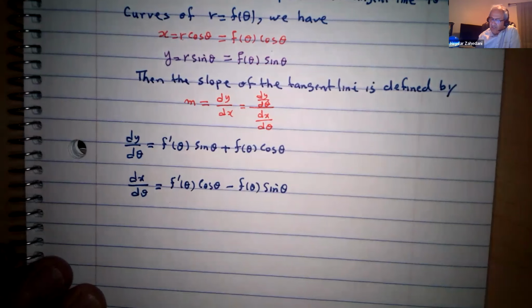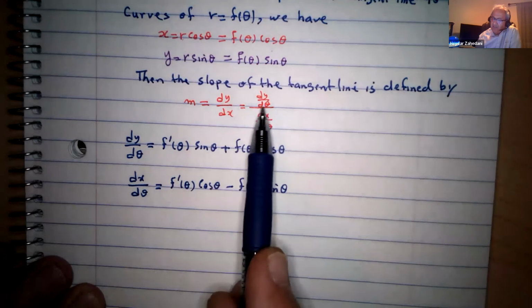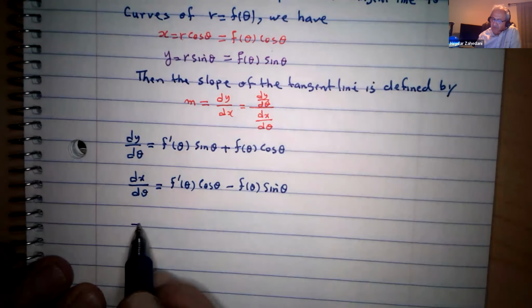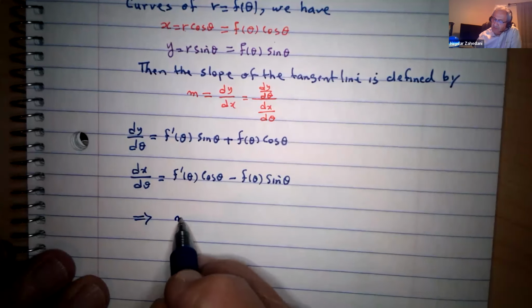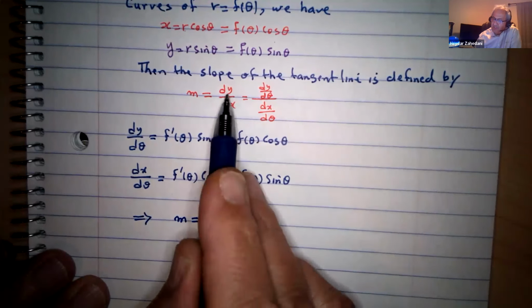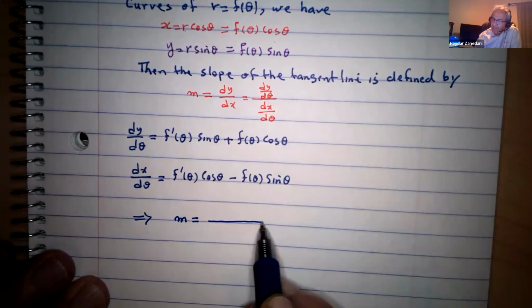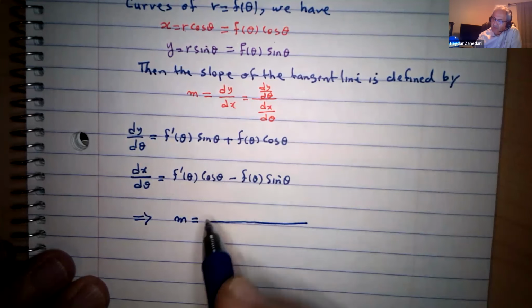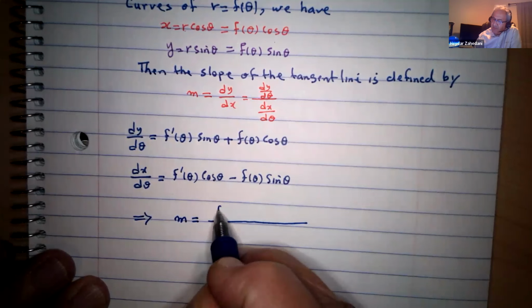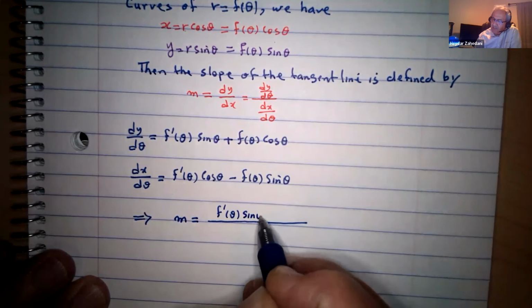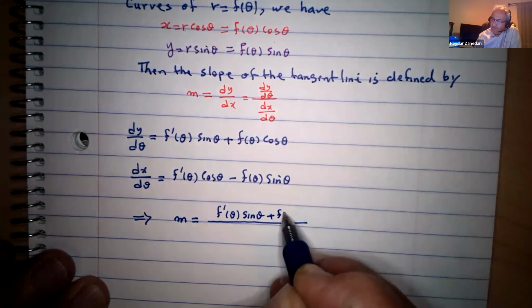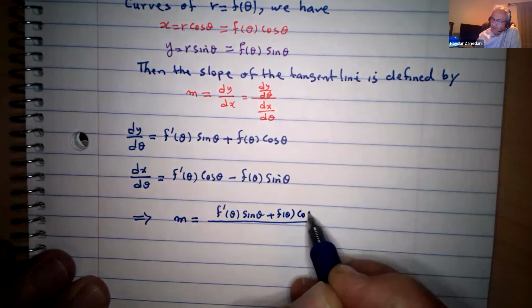If you go back and put it here, then you have a formula for the slope. The slope is going to be dy/dx. The top is f prime of theta times sine of theta plus f of theta times cosine of theta.